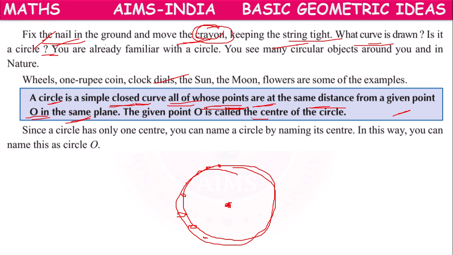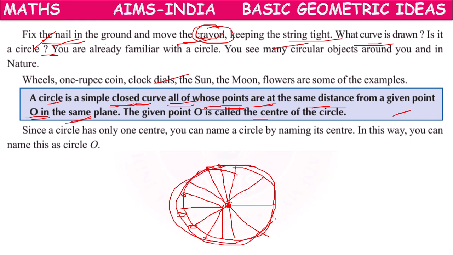From the middle point you can join any point, and all the points will be at the same distance. That line is called the radius. So a simple closed figure whose all points are at the same distance from a fixed point is said to be a circle, and the fixed point is called the center of the circle.